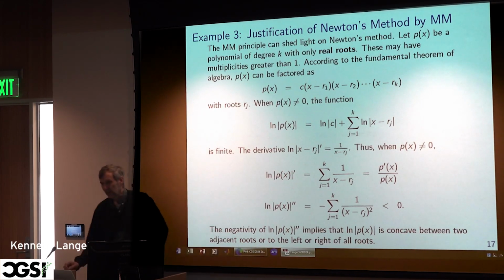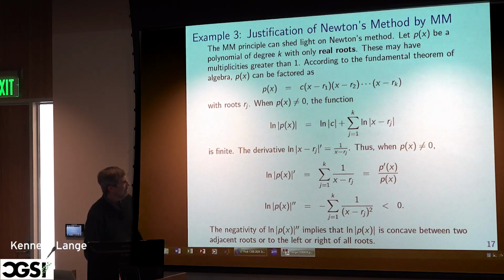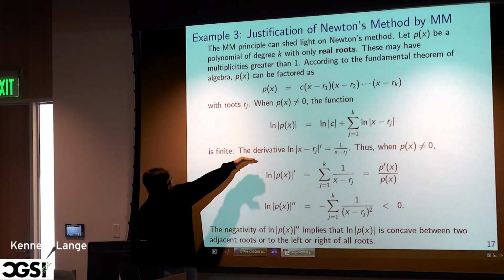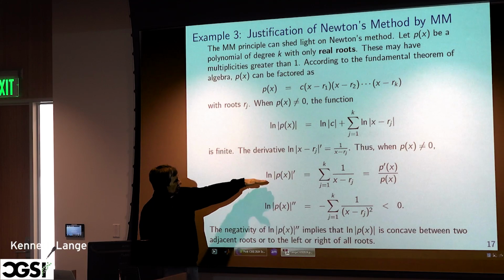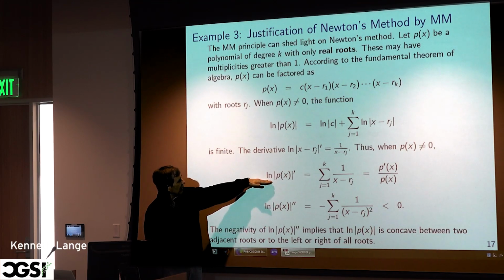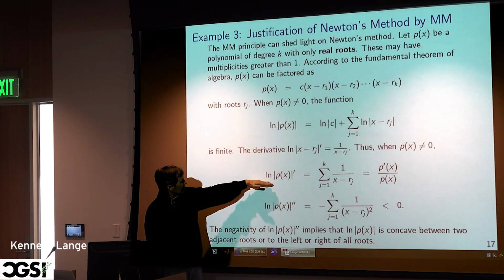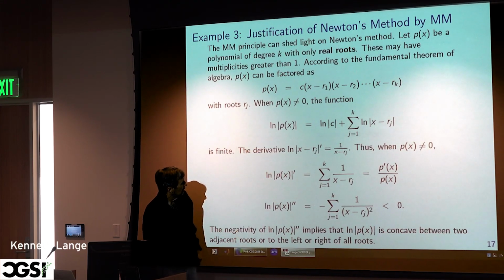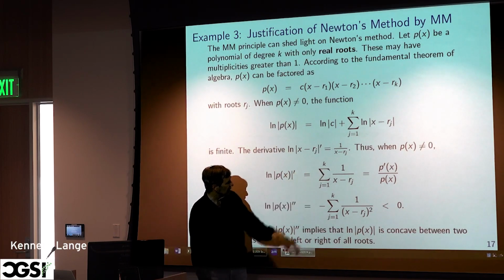Now that's assuming x does not equal rj. And of course that's the same as saying p of x does not equal 0. Now if you take the derivative of your log of the absolute value of the polynomial, you get this guy.